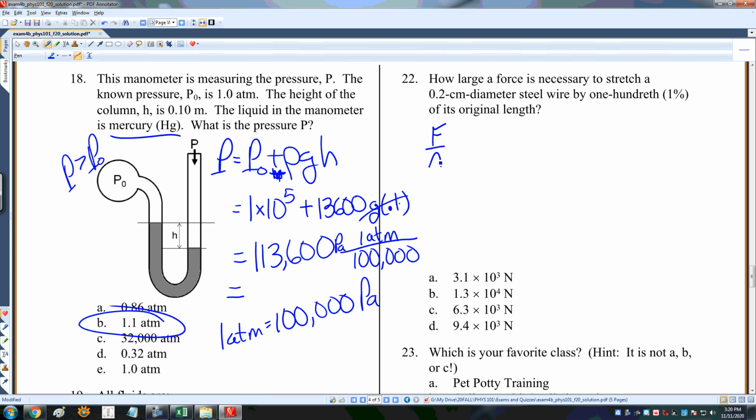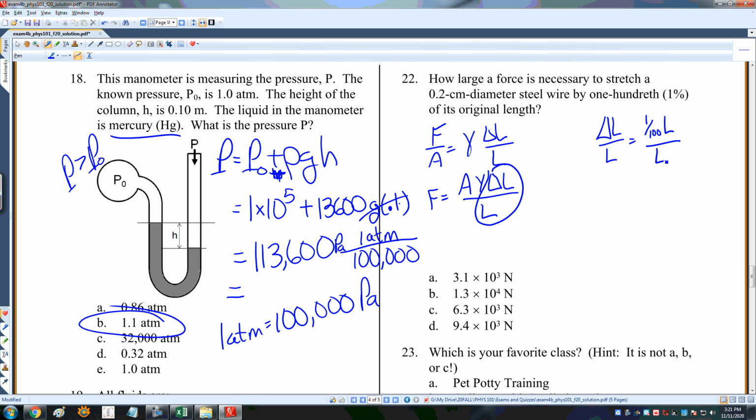So I have F over A equals Y delta L over L. I'm looking for F, so it's going to be equal to A Y delta L over L. Now, delta L is 1/100th of L, so delta L over L is 0.01. So F is A Y times 0.01.